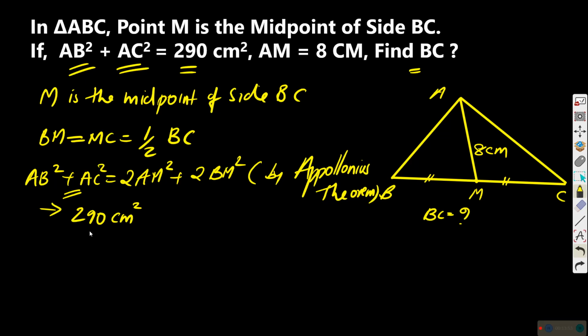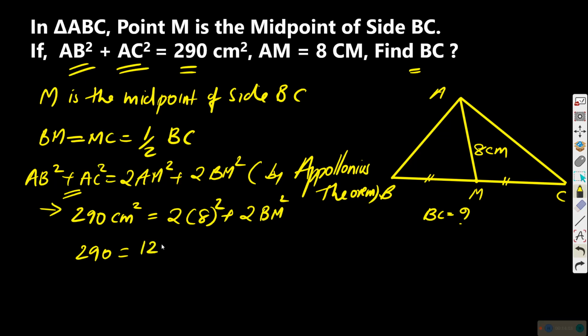Here AB square plus AC square, right? 290 centimeter square is equal to 2 AM square, where it is 8 square in this case, and 2 BM square. Now only BM square is not known. We will solve it now.